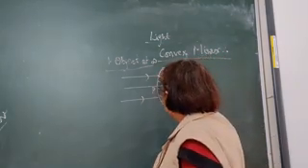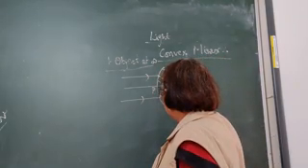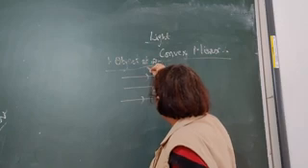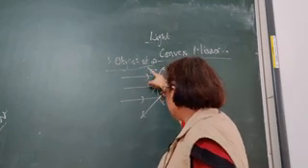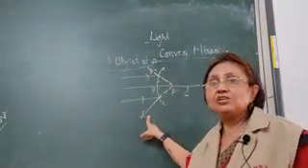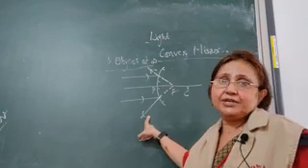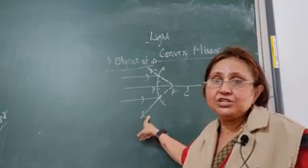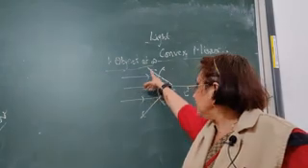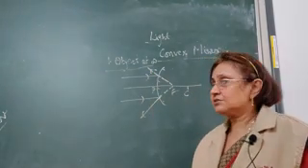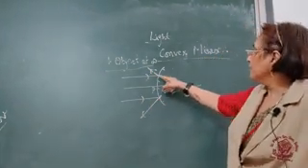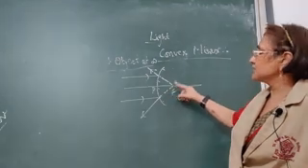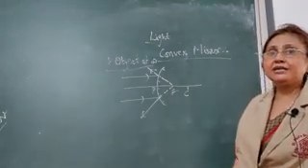When you extend these rays, they appear to pass through the focus. These are the actual reflected rays, diverging away from each other, moving apart. So these two actual reflected rays will not meet. If you extend them backwards, they appear to meet at the focus.